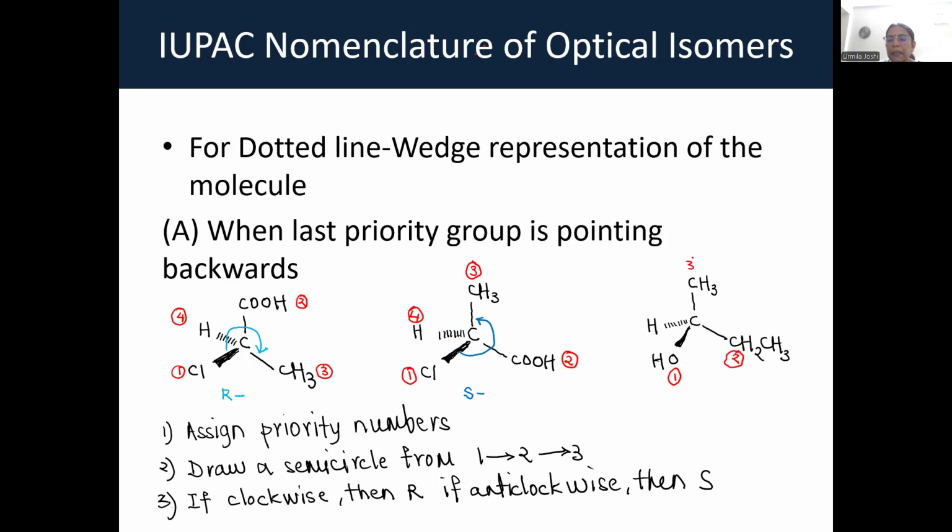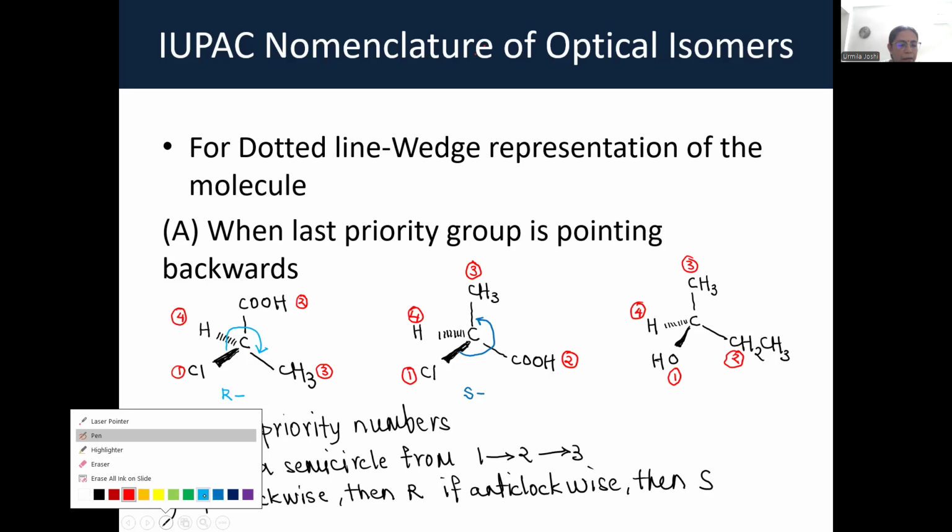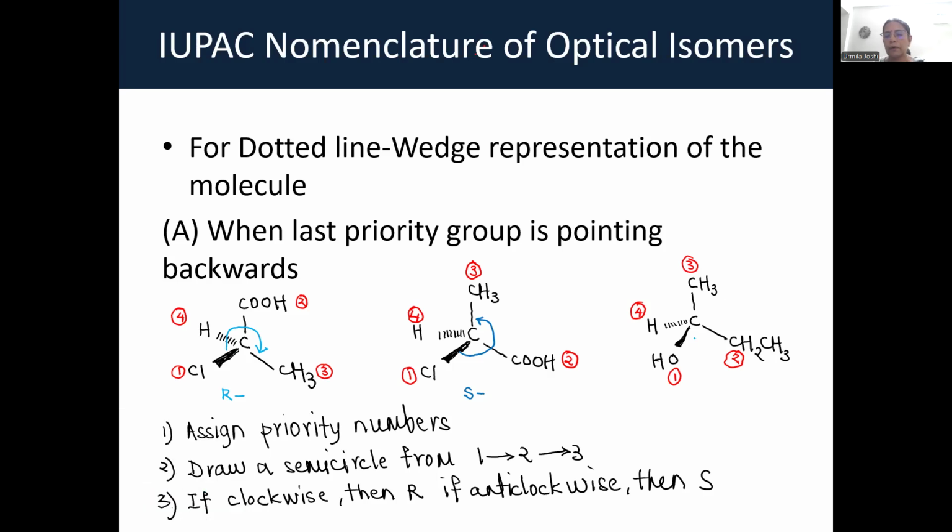This gets priority number 3. And this gets priority number 4. Now, trace a semicircle going from 1 to 2 to 3. Correct? This is anti-clockwise. And so, the prefix that will be attached to this nomenclature will be S.